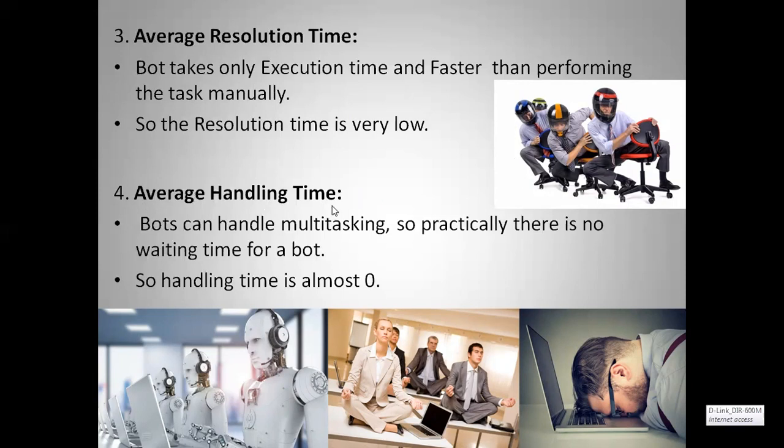Average handling time. Bots can handle multitasking. So practically there is no waiting time for a bot. You can have multiple background processes running and one foreground process running in RPA robots. So the handling time is almost zero. You can have a multi-bot architecture also. You can give one particular task to different bots. Let's say you have to create 1,000 sales orders.